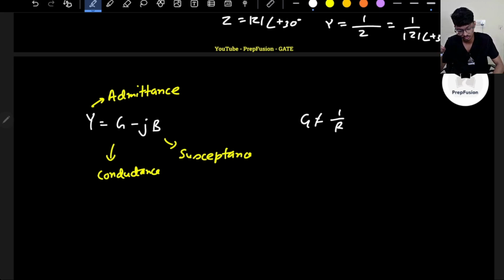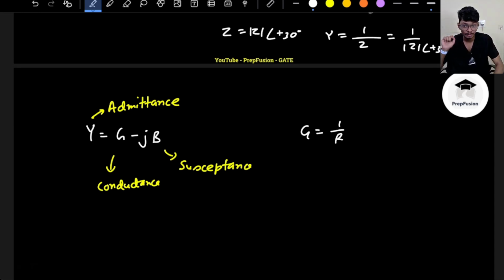Now the circuit is different, so conductance here will be 1 by R. That circuit was different, go back, turn over your pages and see. That was a series circuit, and this circuit is different. Or it was not a circuit, it was just a generalized expression, impedance Z equals R plus jX, right? It was a generalized expression, but here it is a circuit.